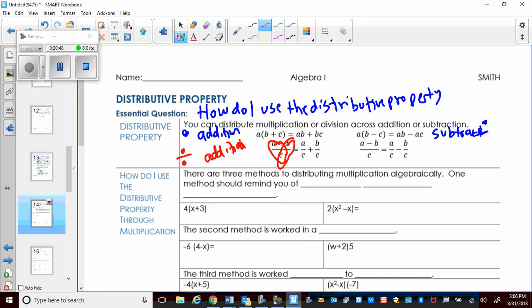You see, this simplifies to A divided by C plus B divided by C. And for division over subtraction, something similar happens. Okay? Now, there are three methods to distributing multiplication algebraically. One method should remind you of two-digit multiplication.